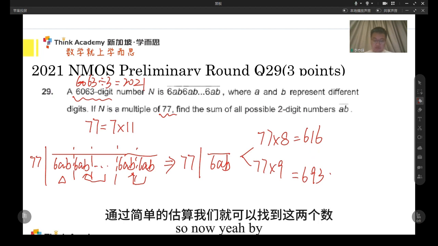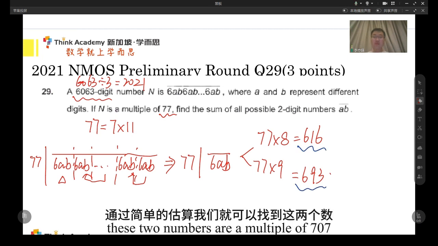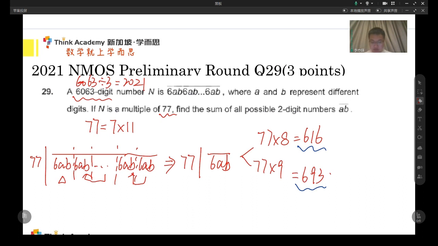So now, by enumeration, we have 2 numbers that are multiples of 77 between 600 and 700. And the AB we want is 16 here and 93 here.